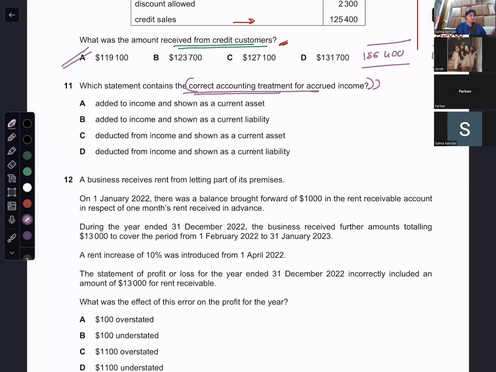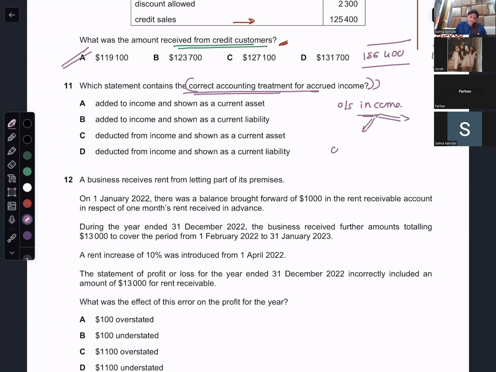So that means it is outstanding income. Which statement gives you the correct accounting treatment? Outstanding income is a current asset.